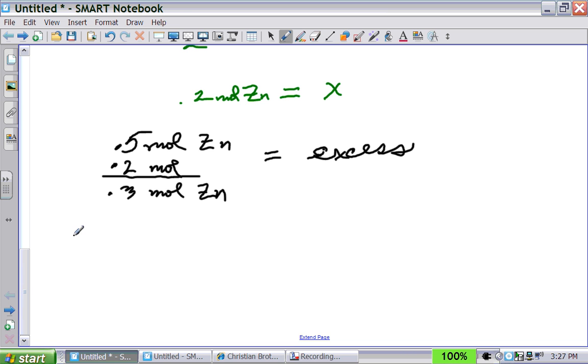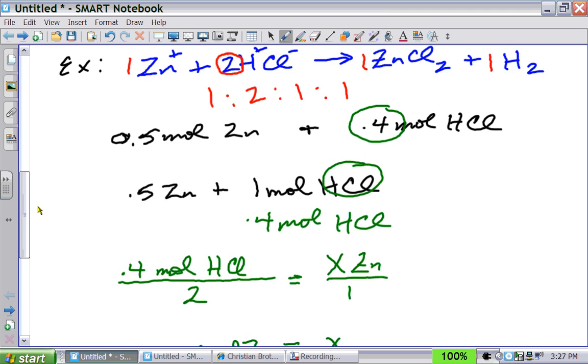Okay, so now we want to take that information and rewrite the equation. 0.2 moles of zinc will react with 0.4 moles of HCl and will produce, and in this case we have to go all the way back up to our original equation and figure out the ratio.